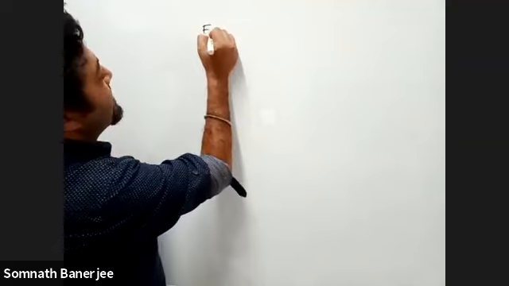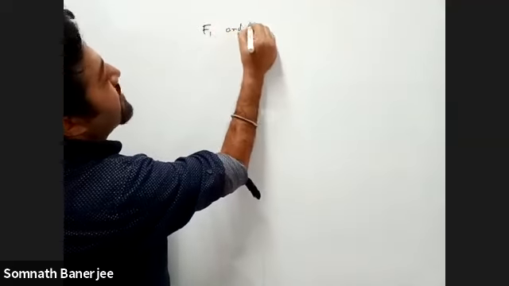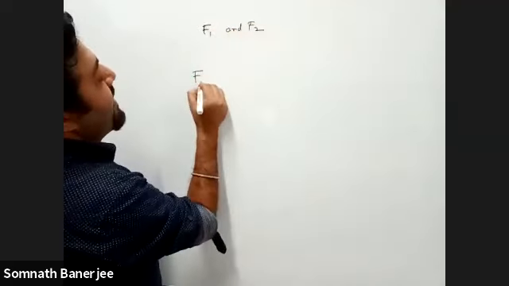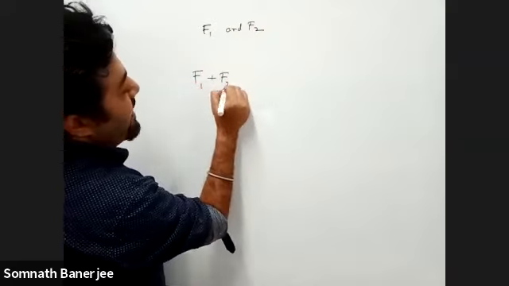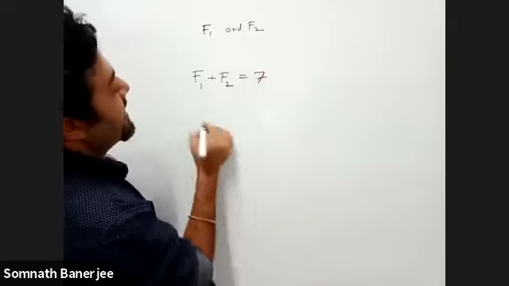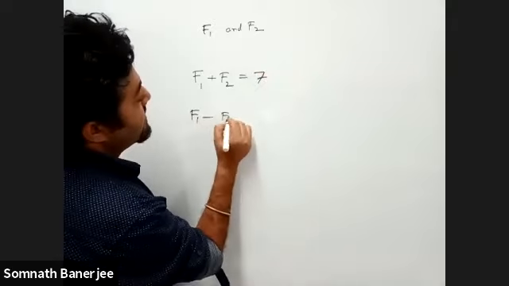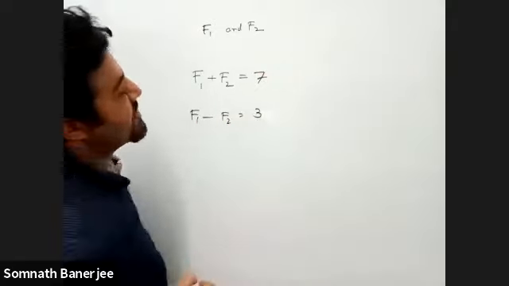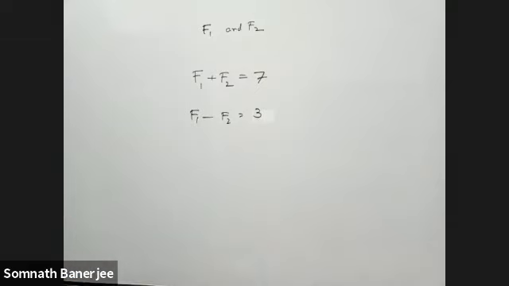So let the forces be F1 and F2. The maximum value means F1 plus F2, that is 7 Newton, and F1 minus F2 is 3 Newton.